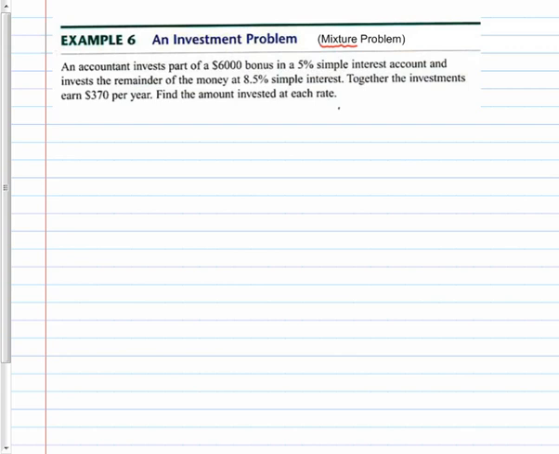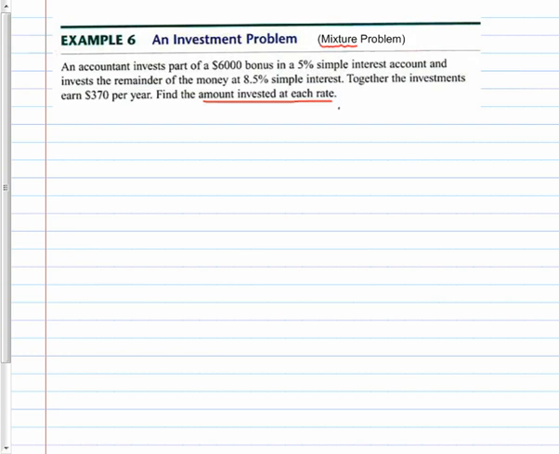This one is, we are going to invest a total of $6,000, but part of it is going to be in a 5% simple interest account, and the remaining is going to be in an 8.5% simple interest account. Together, the investments end up earning us $370. They want to know, what is the amount invested at each rate?